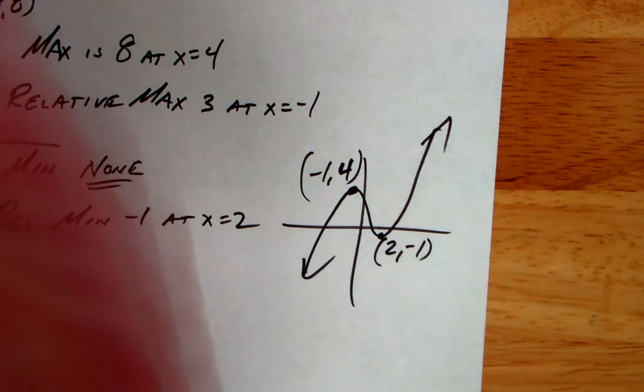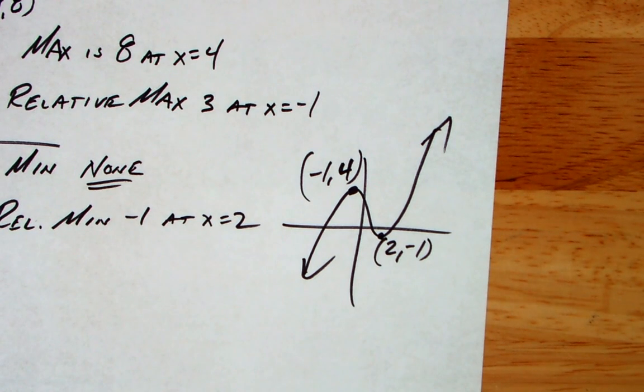What's the maximum? Infinite. There isn't one. What's the minimum? There isn't one. Is there a relative maximum? Yes, 4 at x equals -1. Is there a relative minimum? Yes, the relative minimum is -1 at x equals 2.